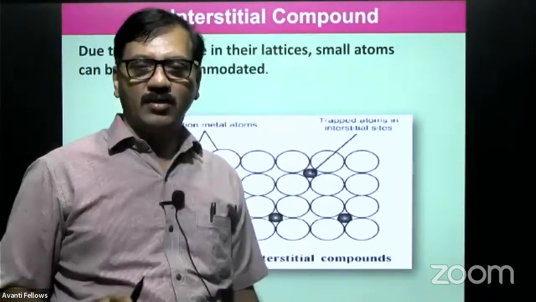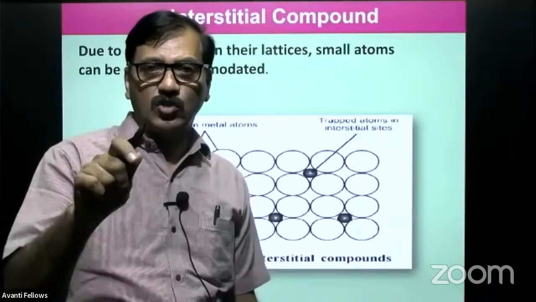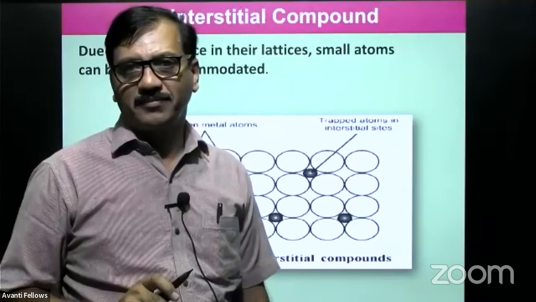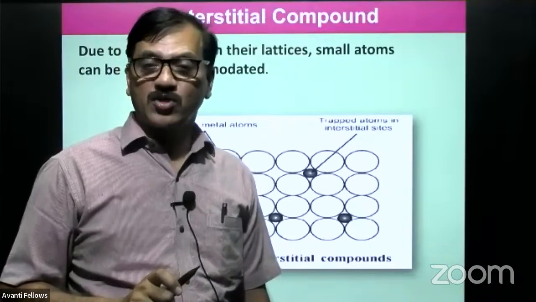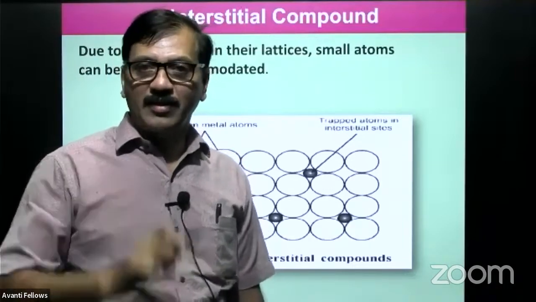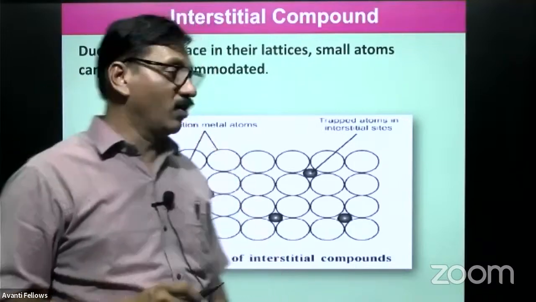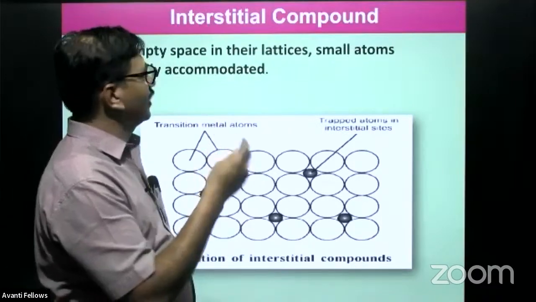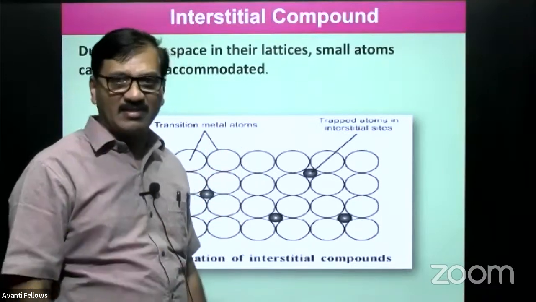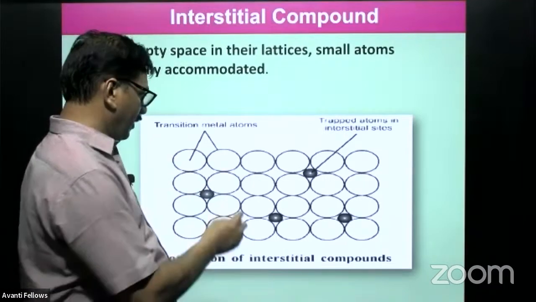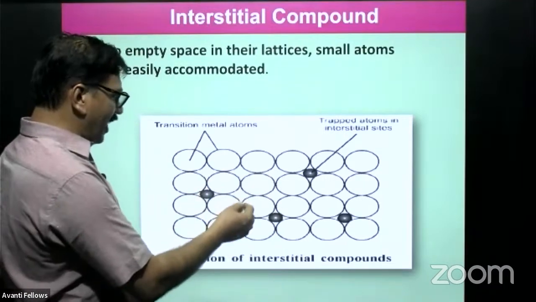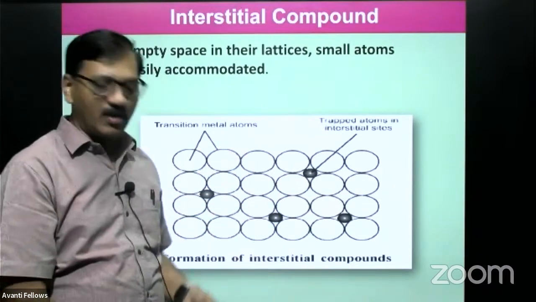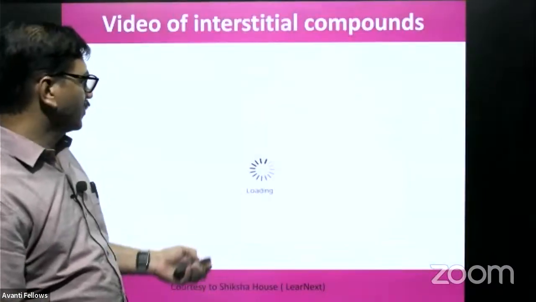In a compound, the ratio of the combining atoms must be fixed, and the law of constant proportion must be followed. But naturally it has come to be called an interstitial compound, though it is actually an interstitial solution. This is the lattice in which the small atoms can occupy.